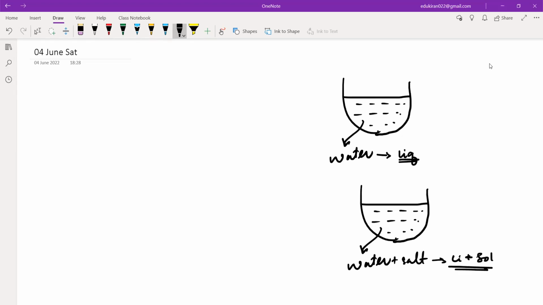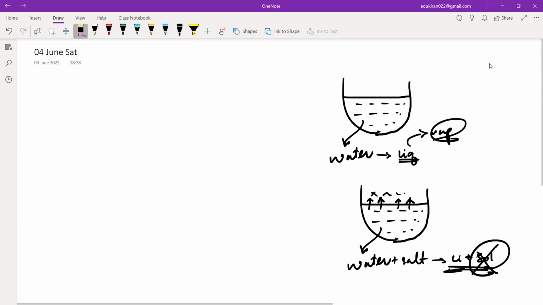Now tell me, liquid has a tendency to evaporate, right? It can vaporize. But here we have liquid as well as solid, and this solid cannot vaporize. If it cannot vaporize, it will not escape the solution and will not form any vapors. It will also occupy some space on the surface, like this.